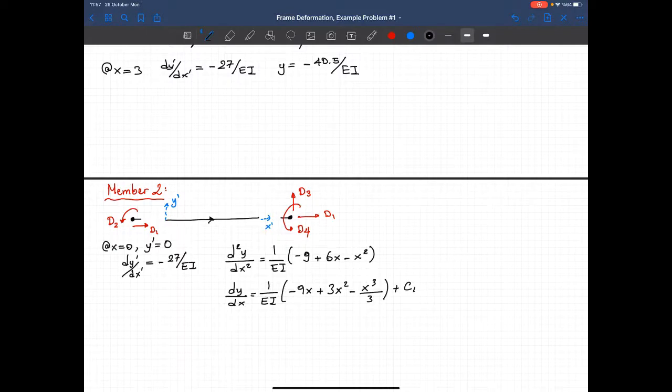Okay, that's the equation for rotation. Now at x is equal to 0, we know that the rotation, let me put the primes here, I always forget, sorry for that.